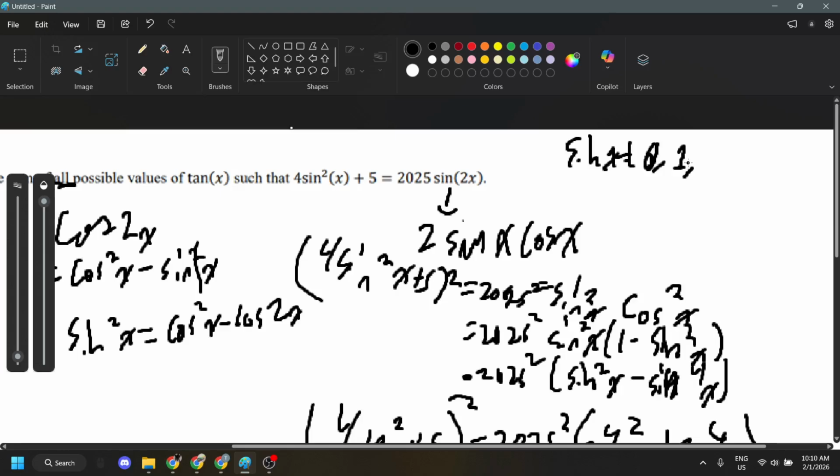Just thinking. I don't know how we're supposed to do this. There's no simple identity where I can just turn 2 sine x cosine x into something solely in terms of sine of x.